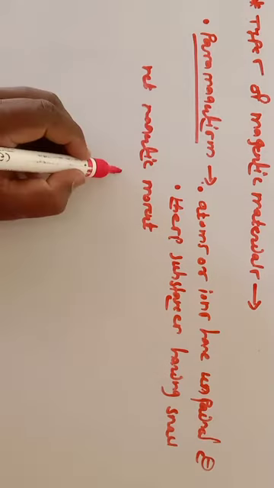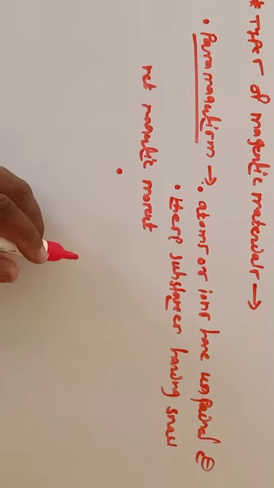So the third important point is that, as we already discussed in diamagnetic material, it is a weak magnetization, because there is no interaction between atomic magnets. So in this case also, no doubt they contain unpaired electrons, but there is no interaction between these atomic magnets.